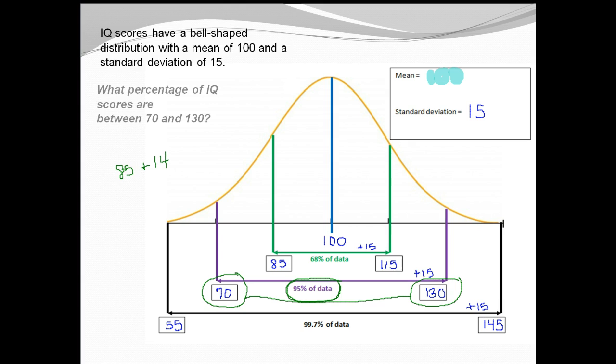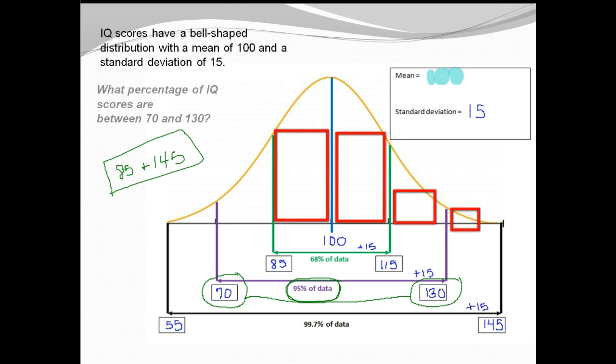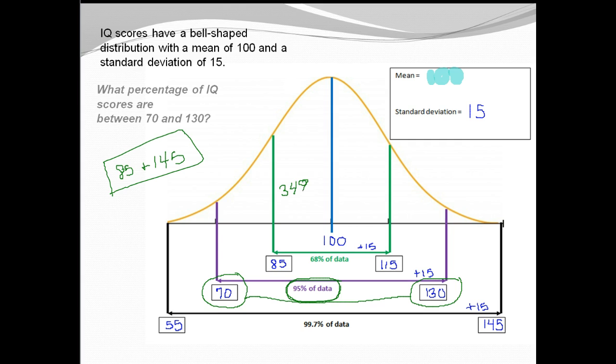You could figure that out too, even though that's not a nice, neat one that's just one of the 68, 95, or 99.7, because you know these values right in here. You know that in here is 34%, because I gave you the chart. And we know that right here is 34%. Notice how that adds up to 68%.